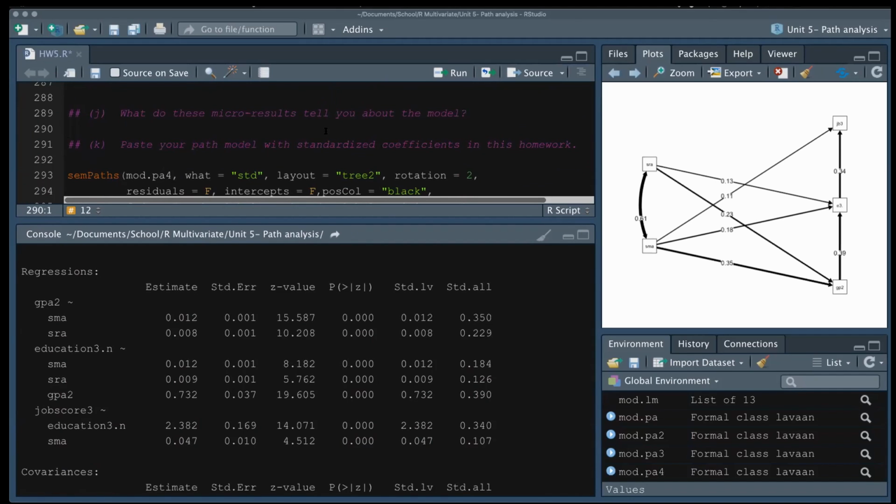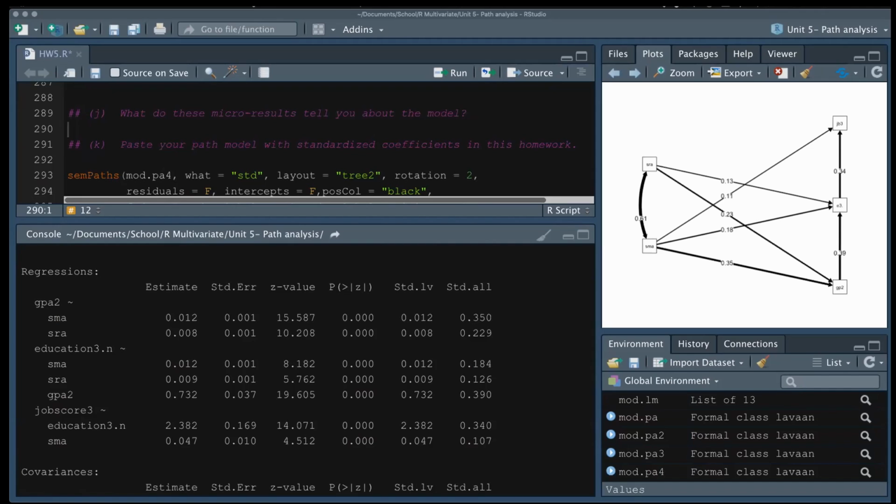And so what do these micro results tell you about the model? Every model that we've been working with under every type of analysis for multivariate has included a macro fit and then micro assessment.